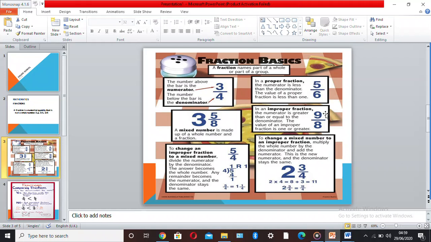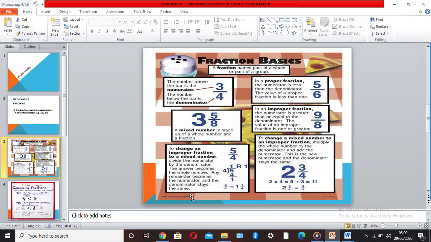Same with an improper fraction, we have our numerator and our denominator. But in the case of a mixed fraction, we have a whole number separate and we have a fraction.